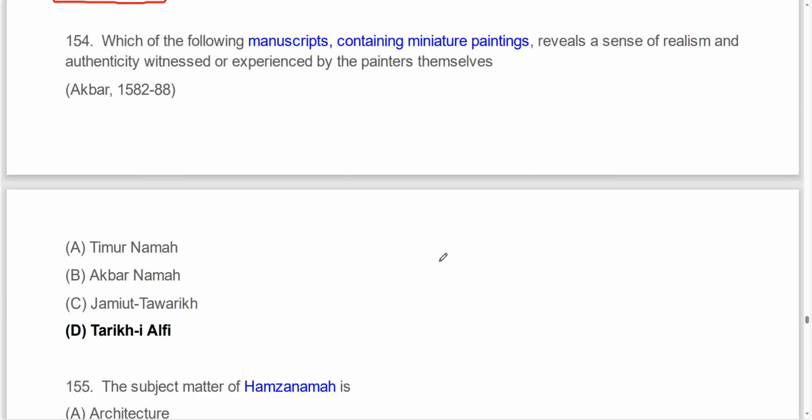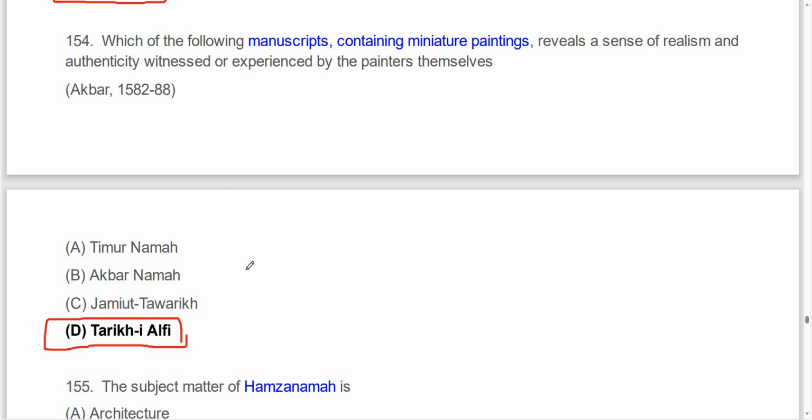Moving on to the next: which of the following manuscripts containing miniature paintings reveals a sense of realism and authenticity witnessed or experienced by the painters themselves? Akbar, 1582 to 88 is the year. Tariq-e-Alfi was written during the rule of Akbar, in the time frame 1582 to 88.